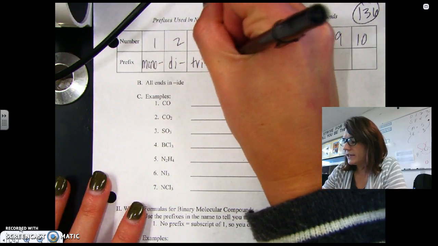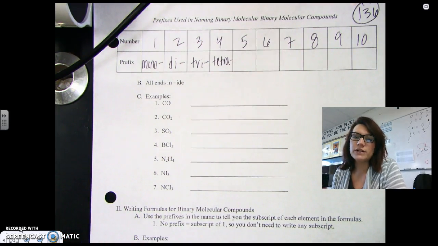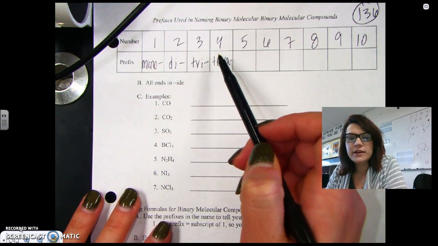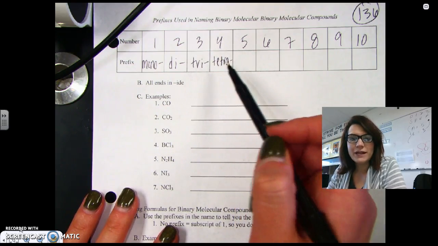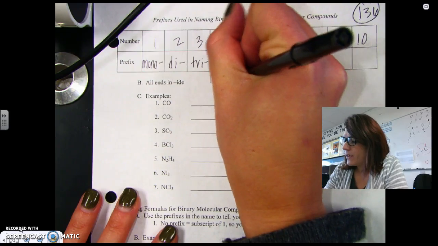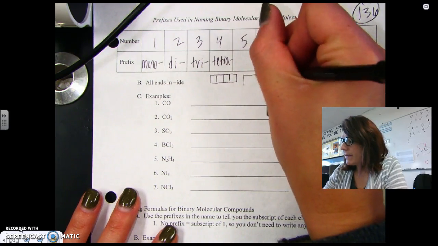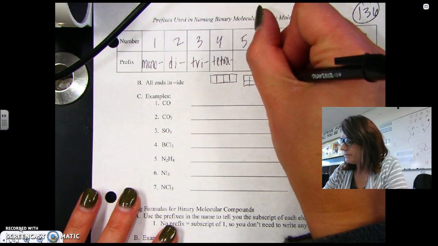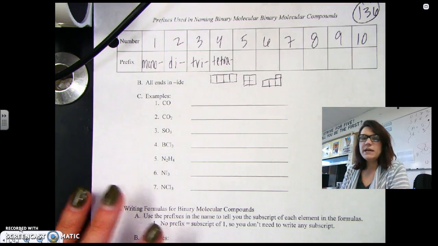4 is tetra, okay? Now this one's different. You probably are used to seeing 4 as quad, okay? So you've probably either heard of or played Tetris before, and the reason why it's called Tetris is because each piece in the Tetris game has 4 blocks in its piece.